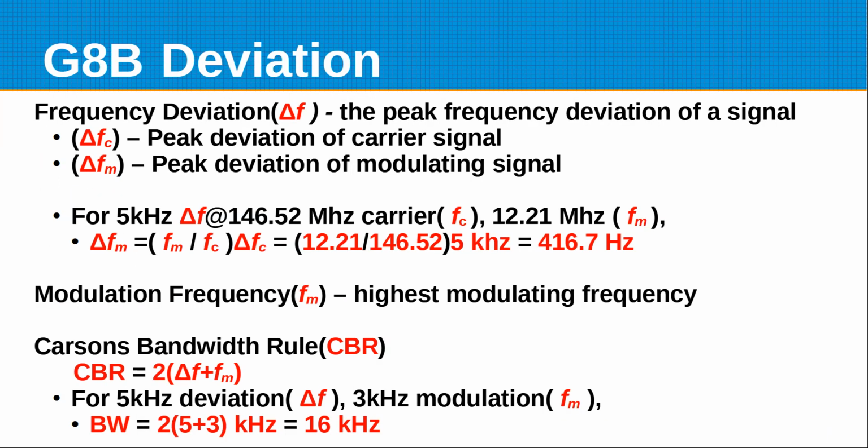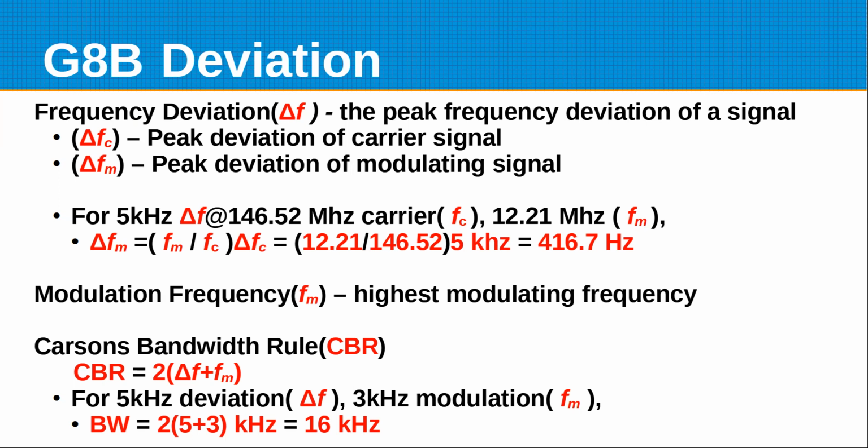There's a thing called Carson's bandwidth rule, which is how you determine what the bandwidth would be for an FM modulated signal. You take the peak deviation. For our amateur FM, normal wideband FM, it would be 5 kilohertz.